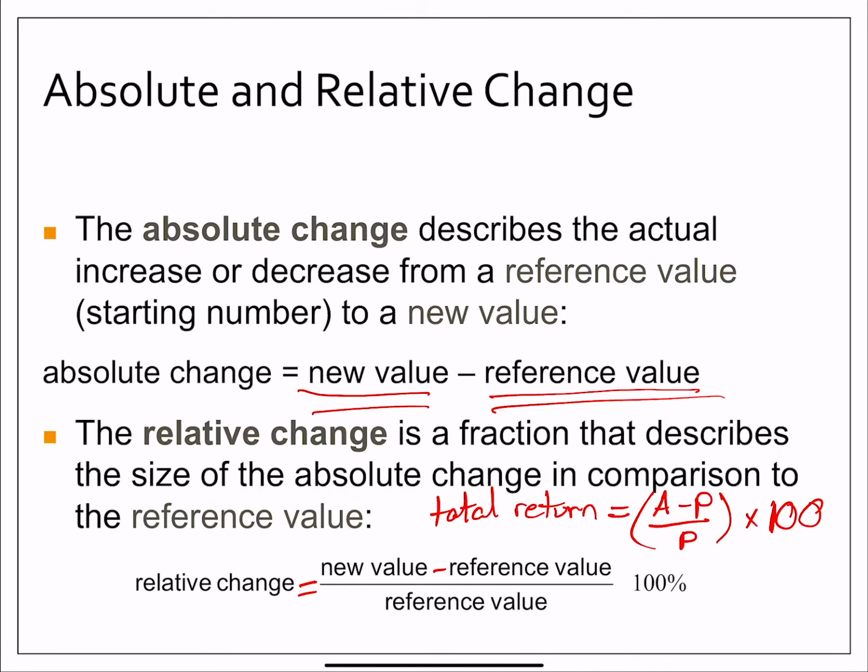A is what we end up with, or the new value. P is what we started with, or the reference value, and then we're dividing by the reference value P again. So the total return is just telling us the relative change in our money. It's a very simple formula. All you need to know is the new value and the old value.